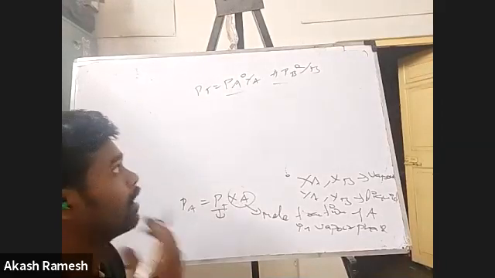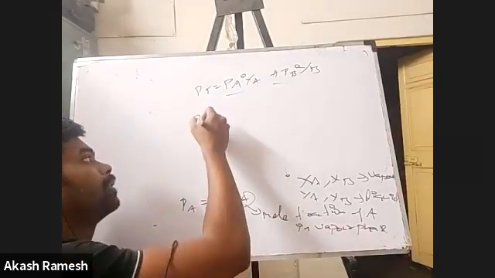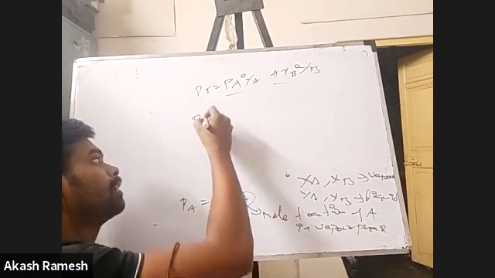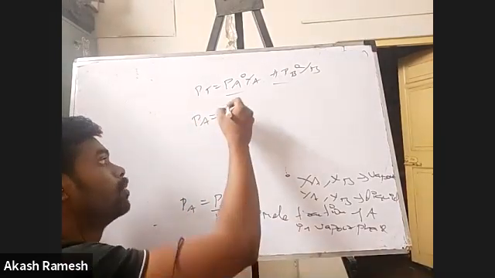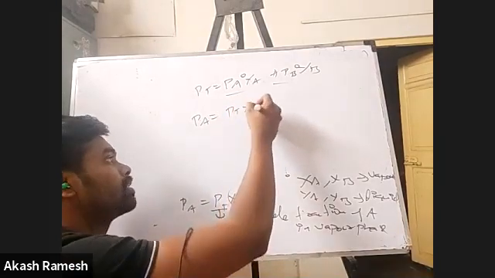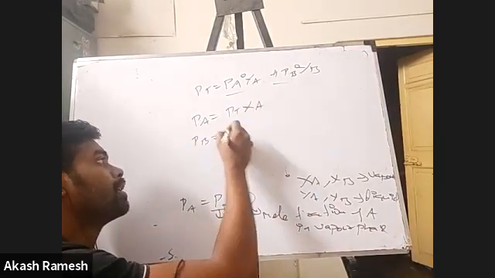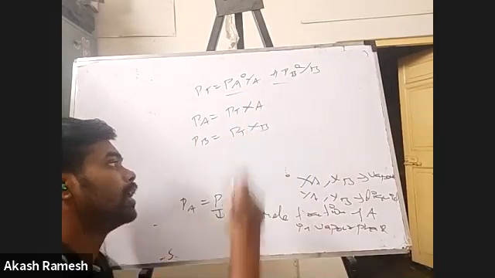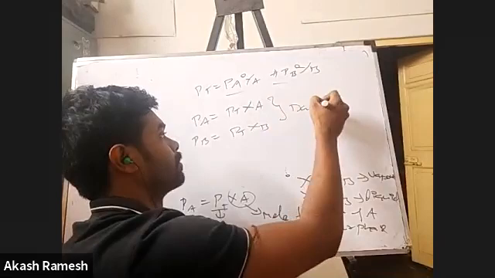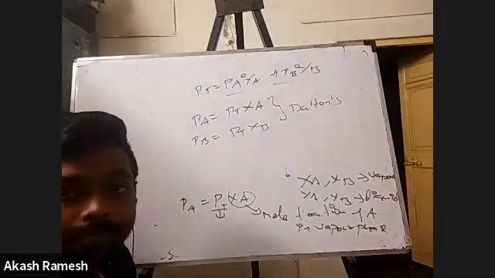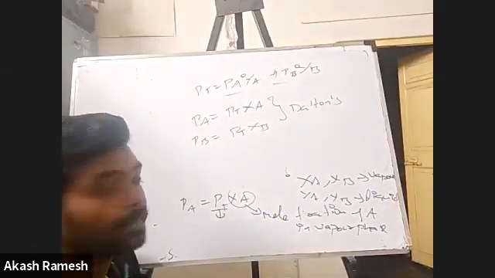Okay, fine. Now another thing is there, PA is equal to P total into XA. Same way PB is equal to P total into XB. This is coming from Dalton's law. Okay, right.